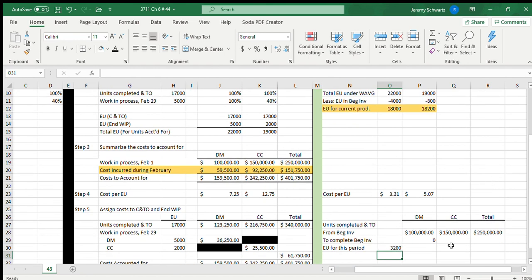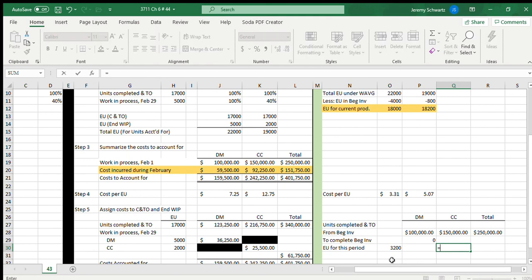So we have 3,200 that would need to be equivalently completed for the units from beginning inventory. So we take the 3,200, multiply that by $5.70, and we get 16,219.